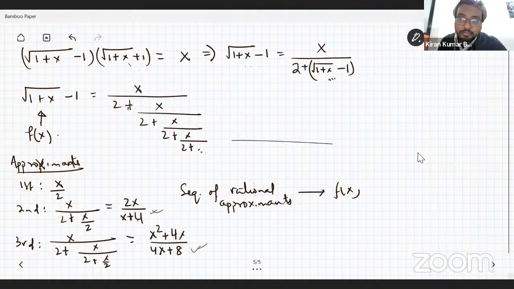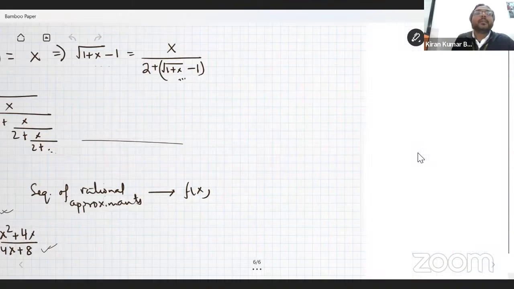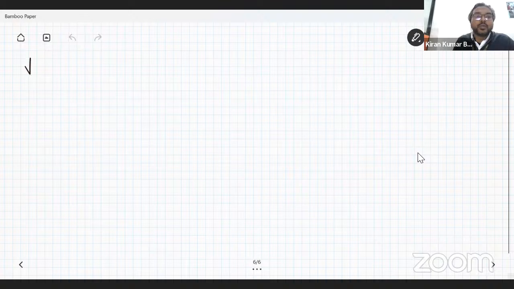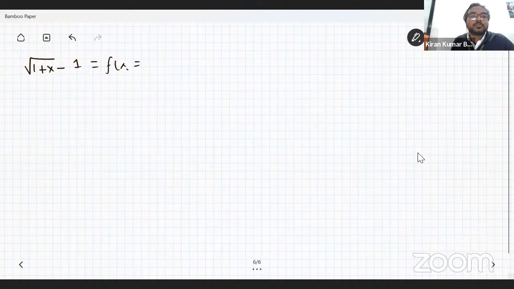But why is this continued fraction important? For example, √(1+x) − 1, I also have the Taylor series expansion for this function f of x. I have the convergence criteria.